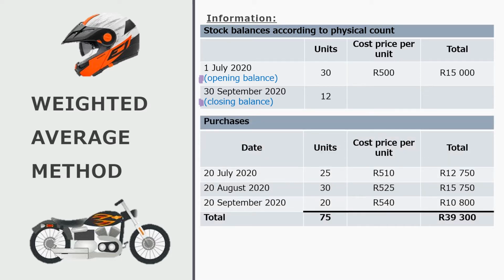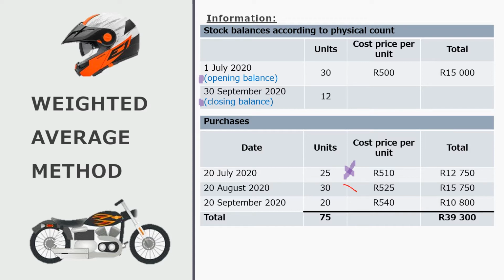Then we also have information on the purchases. On the 20th of July, 25 units were purchased at a cost of 510 per unit. So 25 times 510 gives you the total of 12,750, the total value of the stock that we had purchased. On the 20th of August, we bought 30 more, and the cost price per unit in this case was 525.